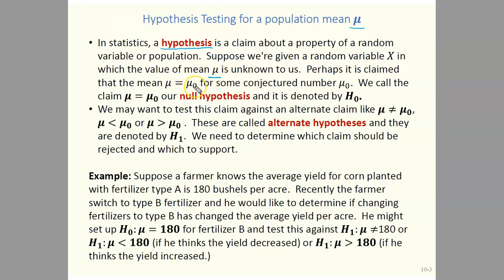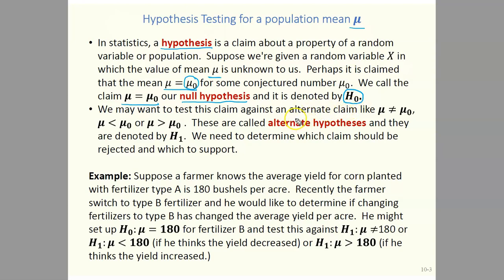Now perhaps it's claimed that the mean is equal to mu naught for some conjectured number mu naught. So that would be given to us. For example, mu equals 10. Now we call the claim that mu equals that number mu naught our null hypothesis, and is denoted by H0. So that is our null hypothesis.